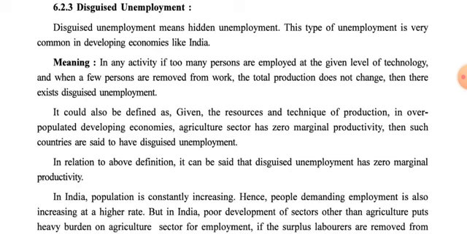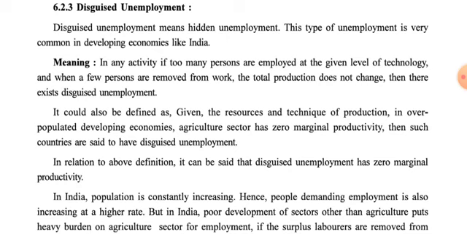In any activity, whether it is farming or production or any other productive activity, if too many persons are employed, it means there is the employment of persons more than the requirement. Here, too many persons are employed at a given level of technology.